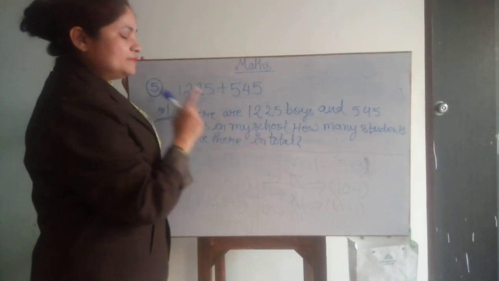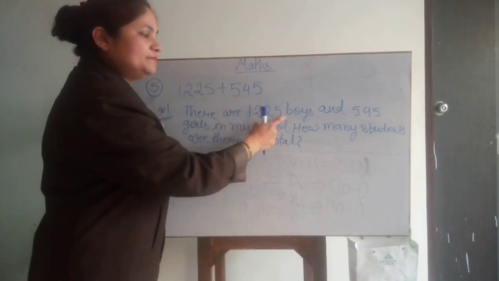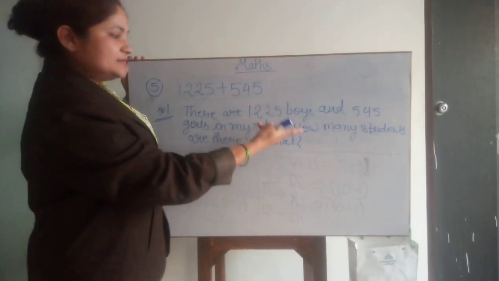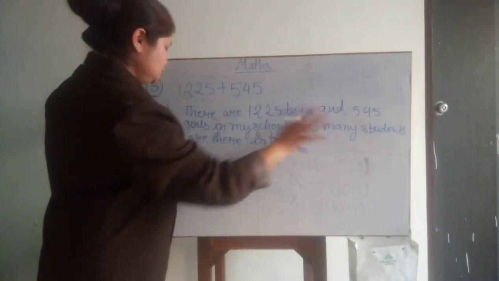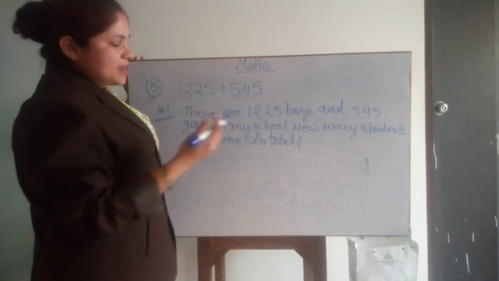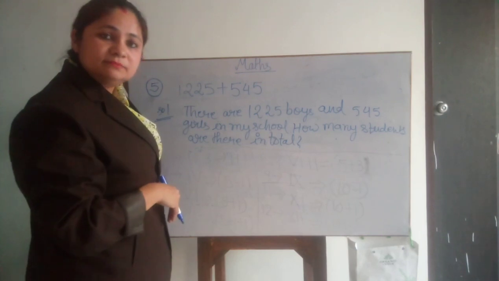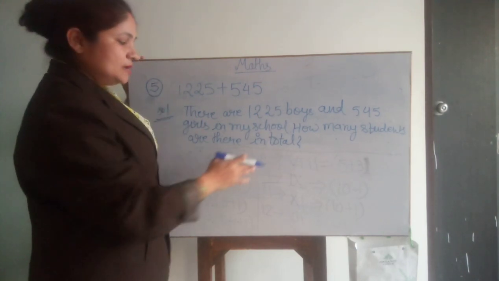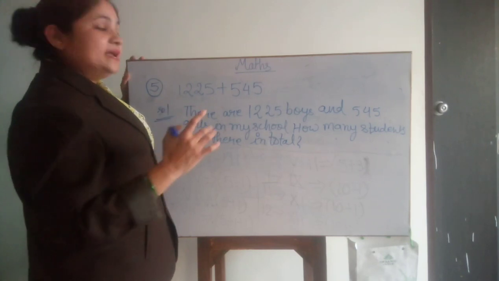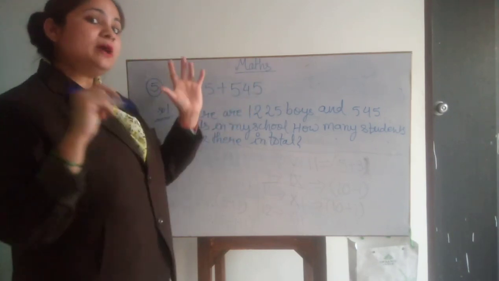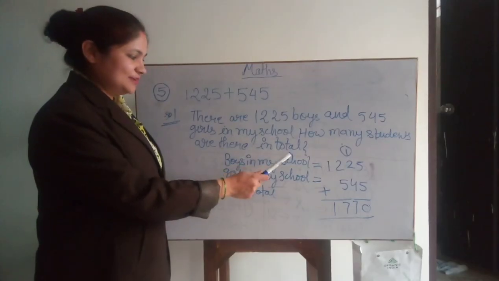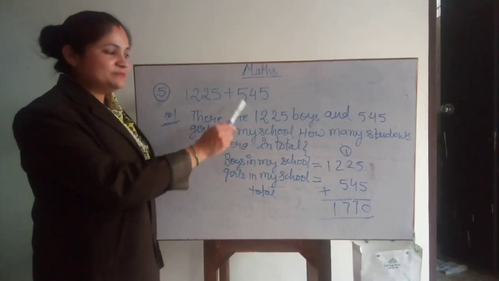There are 1,225 boys, 545 girls in my school. How many students are there in total? Okay, or I can write how many students are there in my school. In place of total I can write in my school. It means separately they are given. If you have to find out the total number of students, so what we do is add in total. Okay, so this is my story.